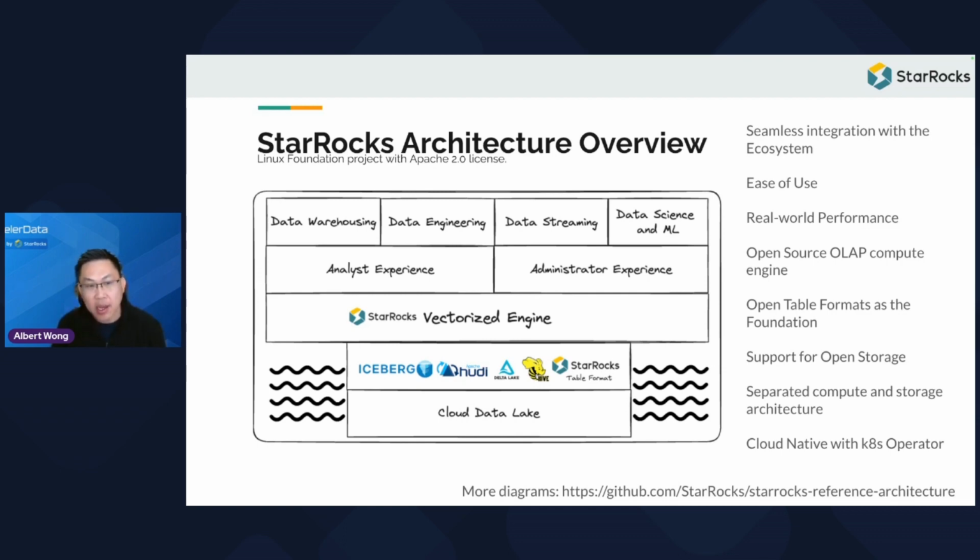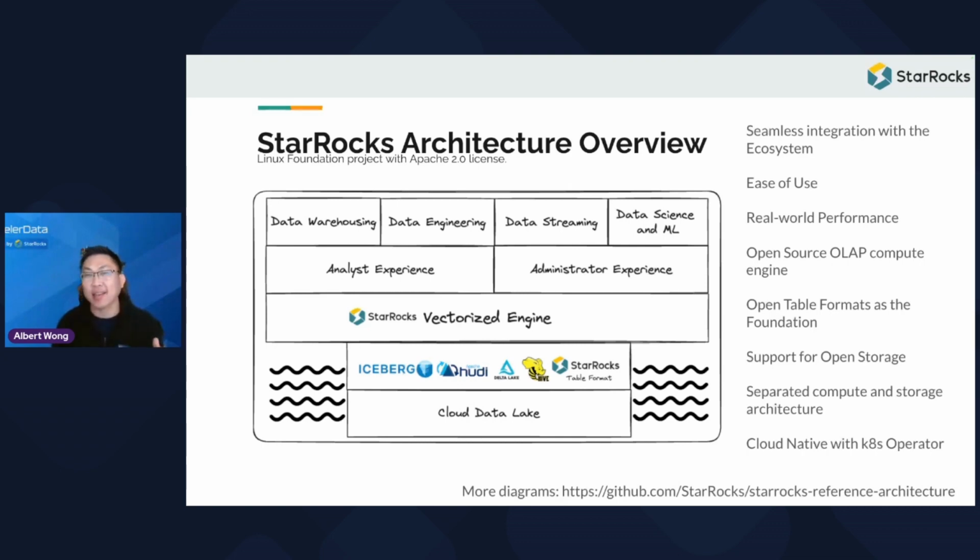Underneath that, if you pick the mode that has attached storage, we just write that in the normal StarRocks table format. Alternatively, you can swap out that storage and connect to something like Apache Hudi on S3. Some of the other interesting things, which I'll talk about a little bit more: we're cloud native with a Kubernetes operator, and we have this idea of separation of compute and storage.